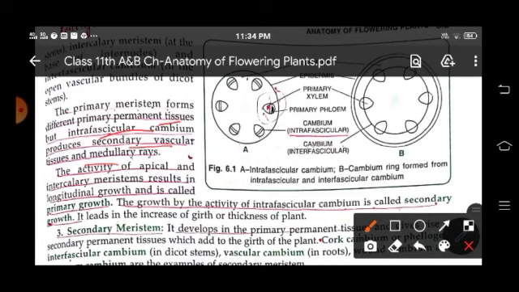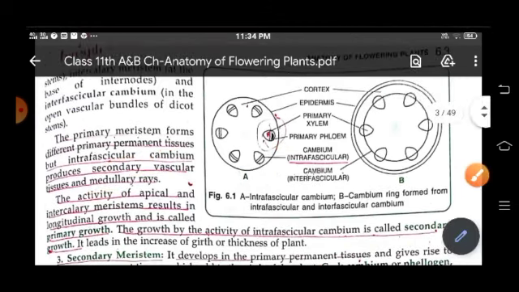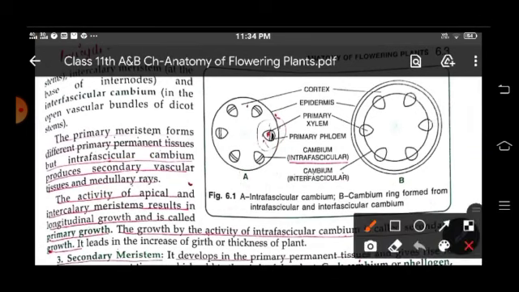Here, this is the primary phloem, primary xylem, epidermis, the cortex, the intrafascicular cambium. This intrafascicular cambium, during secondary growth, forms interfascicular cambium.